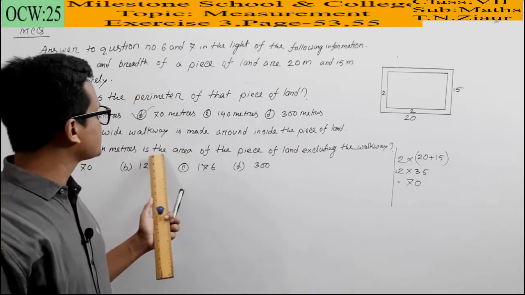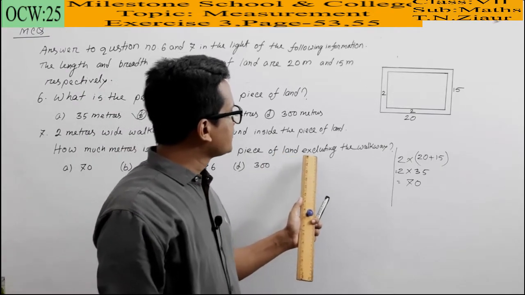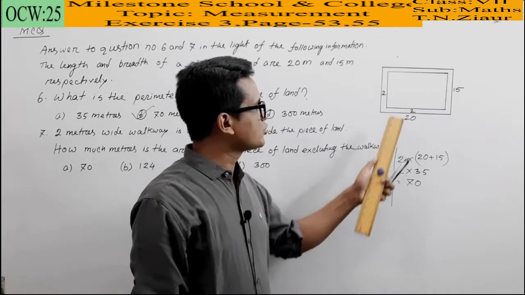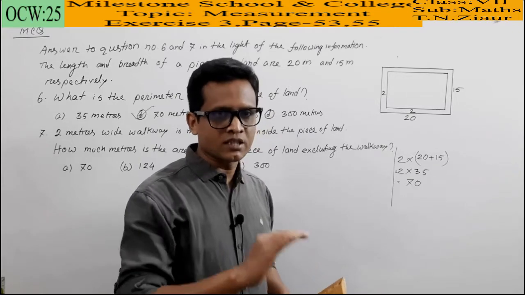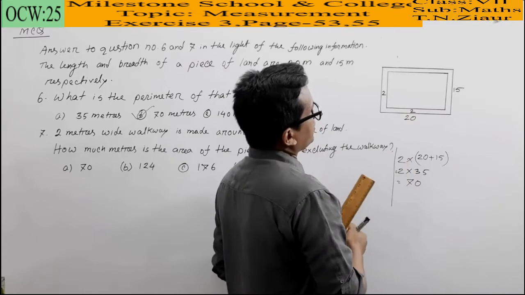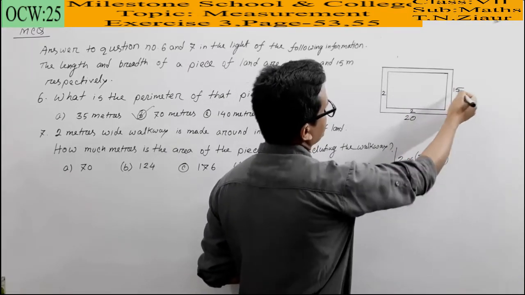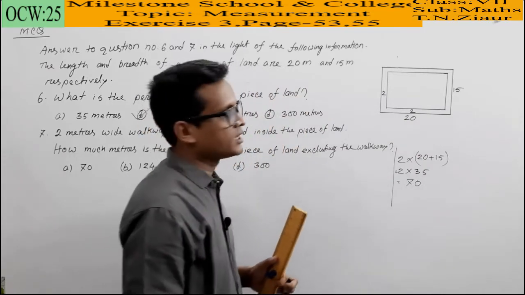How much is the area of the piece of land excluding the walkway? Excluding means except, removing the part, cancelling. We will cancel this part. We know the total area is 20 into 15, which you have to multiply.